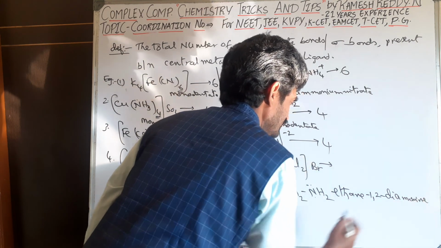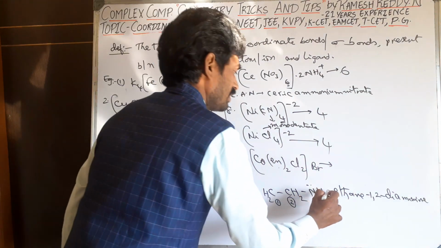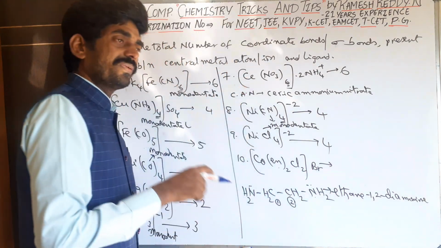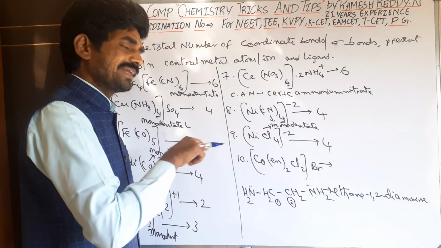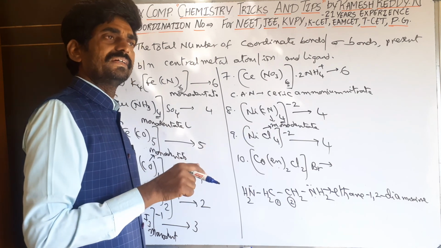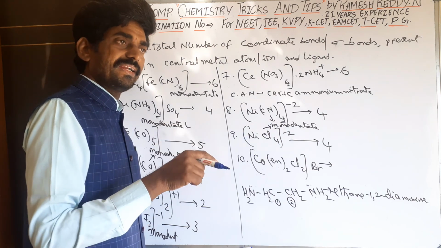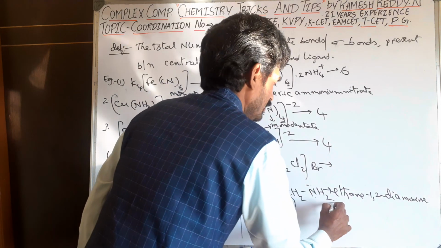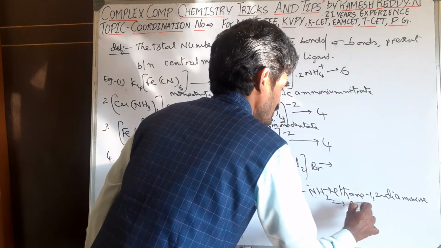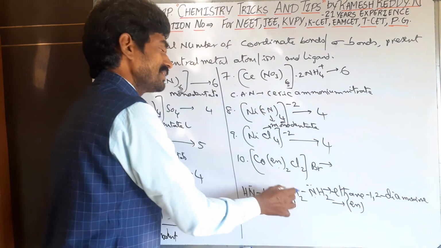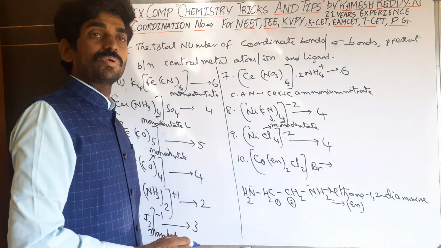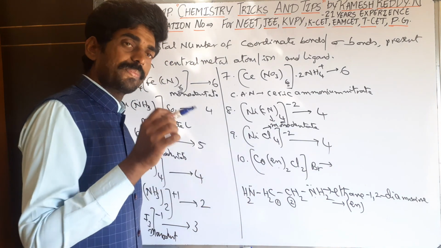Now this ethane 1, 2 diamine is a very lengthy name, right? So the IUPAC committee suggested that for this ligand you represent the symbol en. en is nothing but ethane 1, 2 diamine. Keep that in mind.